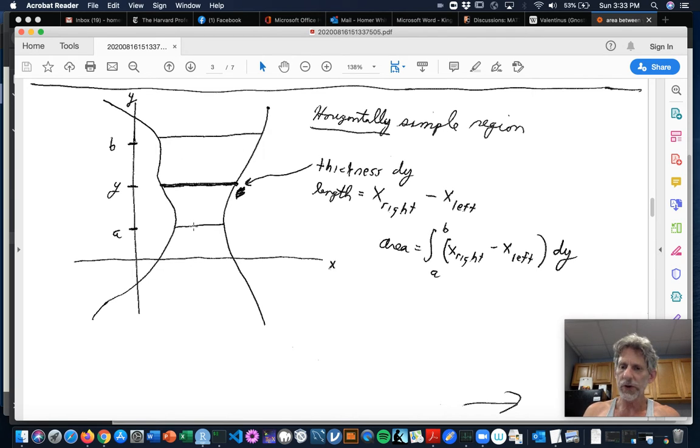If you thought of it in terms of vertical rectangles, well, some of the rectangles would have a top at B and a bottom at A. A lot of them would. And some of them would have a top at B and a bottom at this other curve down here.